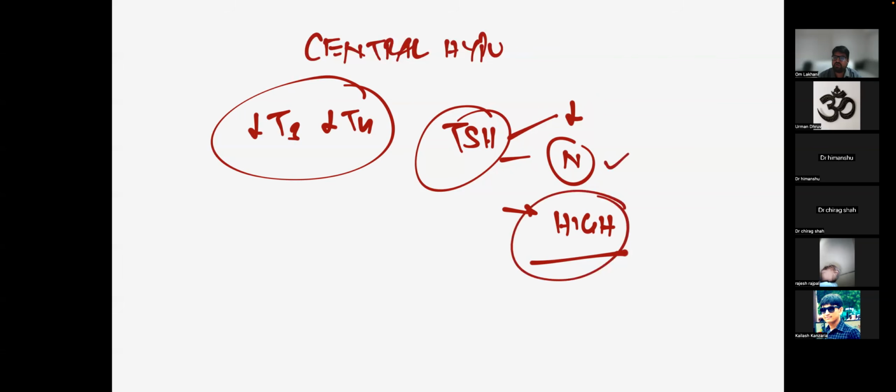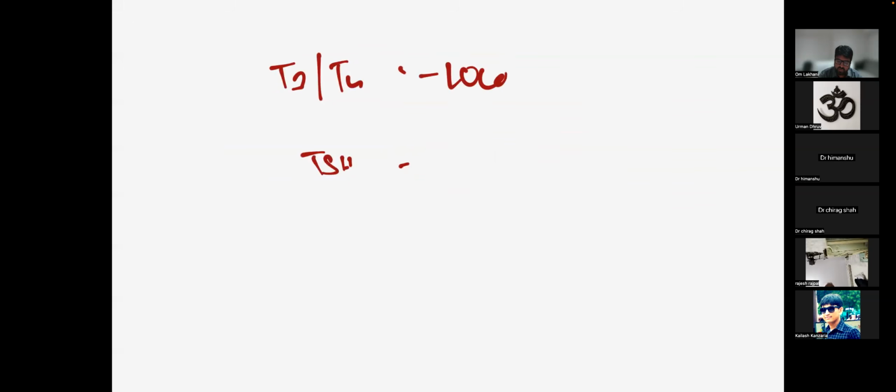In some cases, it can be normal. In some cases, it can be low. So if you find a situation where T3 and T4 are low, but TSH is low or normal, in both these cases, you should consider central hypothyroidism.